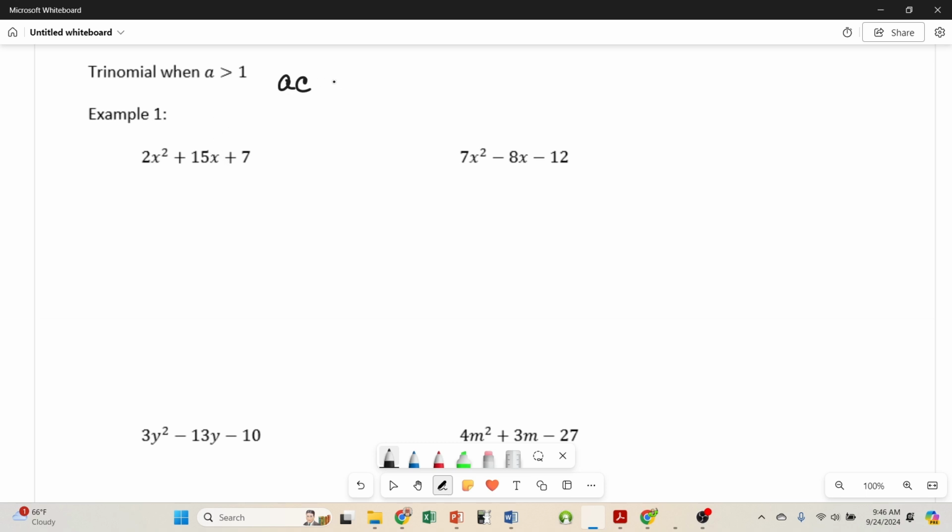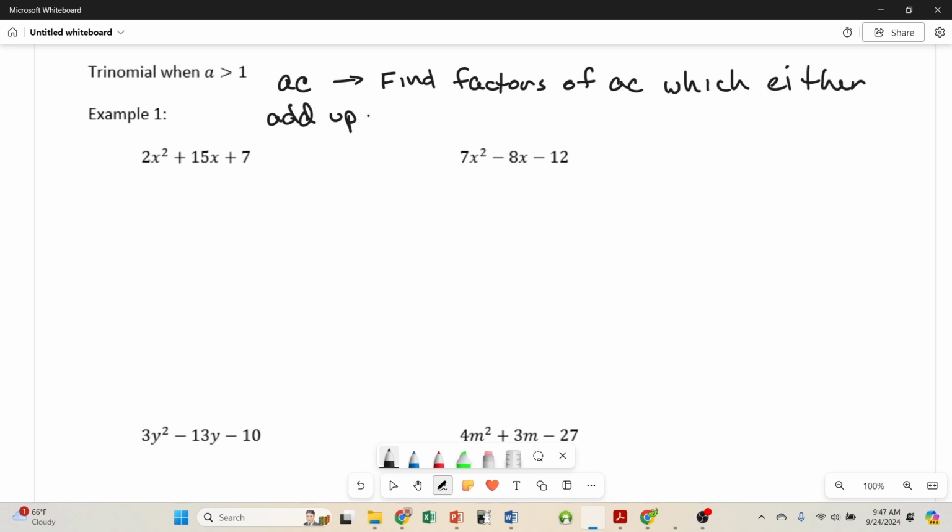And then we're going to find the factors of AC that add up to B, or the difference is B. Okay?